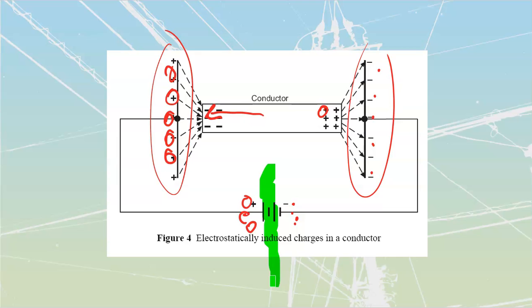Our charge separator is what's providing all of the force at this point that is going to hold these charges on these plates as well as hold them on either side here. If we take a look at this chunk of conductor, the very central part of our conductor over here is going to be neutral, and then we're going to just see a large chunk of negative over here and a large chunk of positive over here.